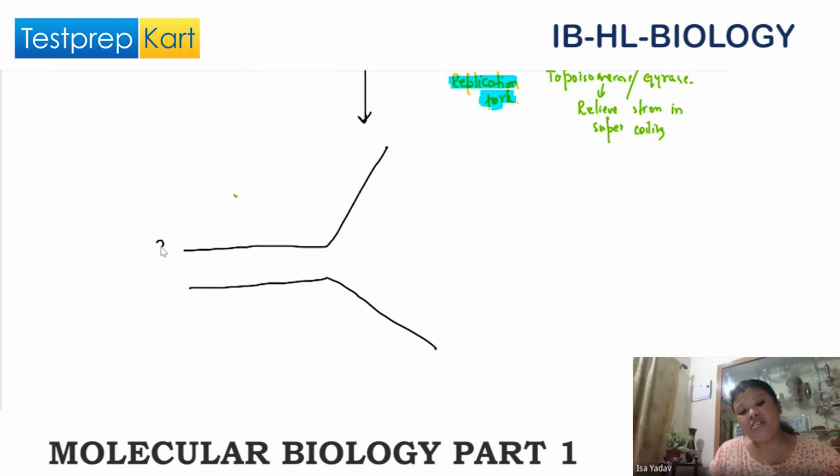Let us see. This is 3 prime, so this will be 5 prime. So this is in turn 5 prime, and this is 3 prime. So this is the replication fork. Okay. So now see, the two strands are separated.